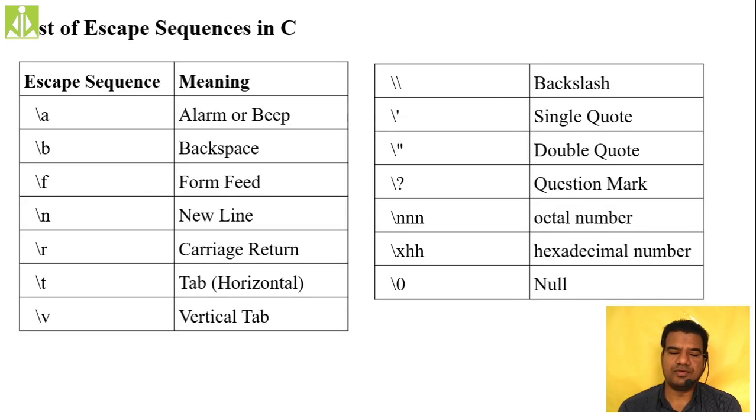We have a list of escape sequences, and I told you we are going to use very few among this list. According to the requirement, or the program development, we can use many of these.